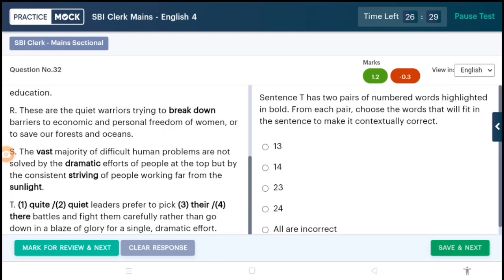Next, D. Sentence D has 2 pairs of blanks. For each pair, choose the word that will fit. Prefer to pick their battles. So 3.